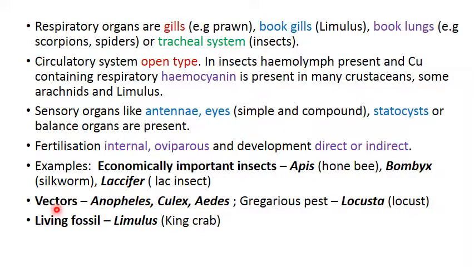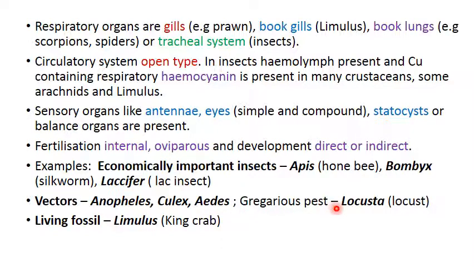Then the next group they have is vectors. So vectors: Anopheles, that you know, the female Anopheles carries the malarial parasite, it is a vector for the malarial parasite. Culex is a vector for JE, that is Japanese encephalitis. Aedes for dengue fever. Then you have gregarious pests.